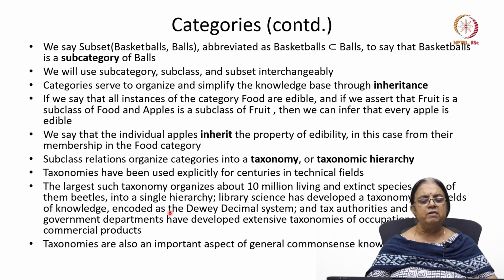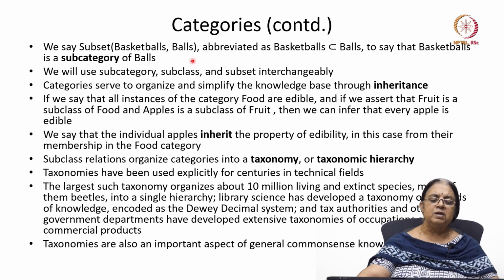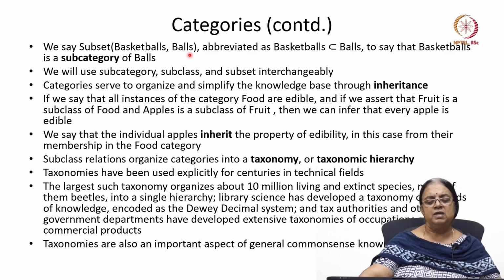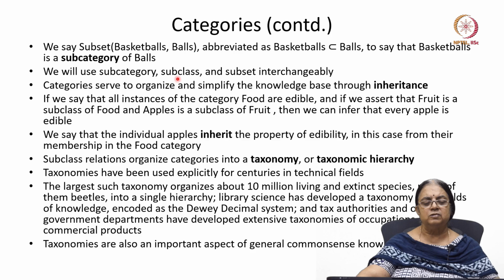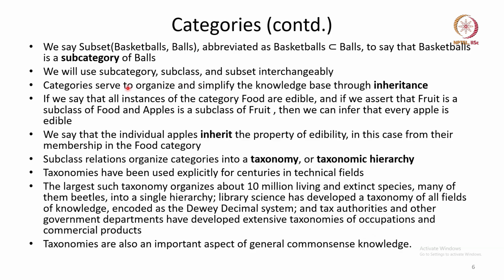Also you can have subcategories. Okay, so you can have, for example, a category called basketballs and you can have a category called balls. And you can say that basketball is a subcategory of the category balls, right? Or a subclass or a subset, whatever you want to say. And in categories, you can have inheritance allowed.